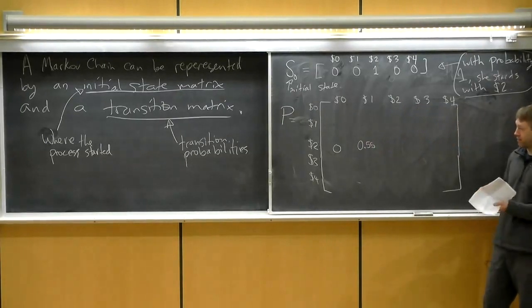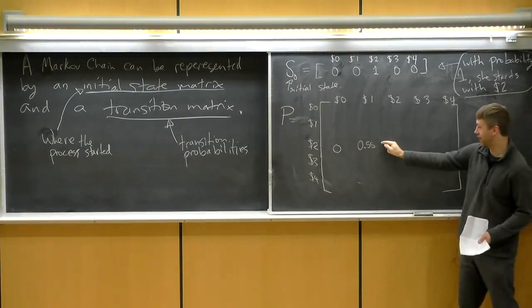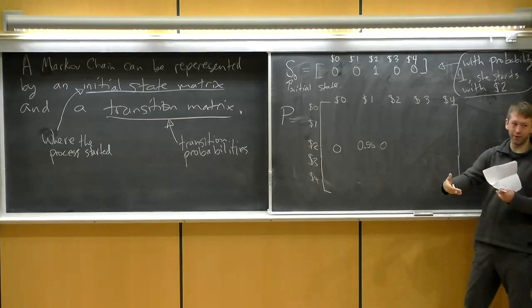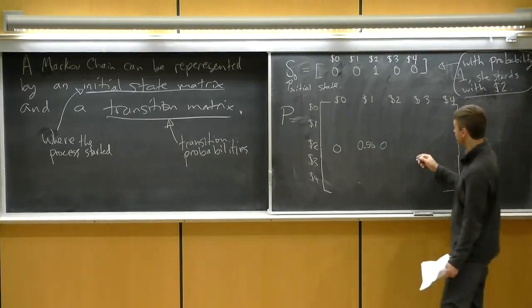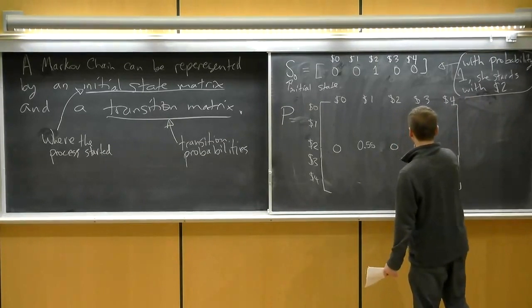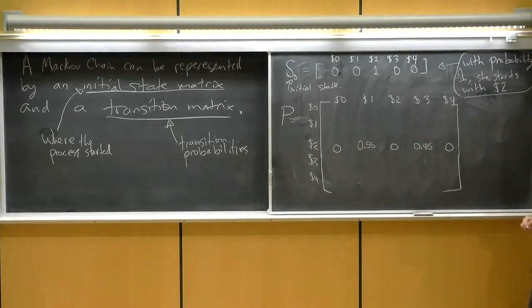If you play the game, the probability of going from $2 to $2 is actually 0, right? You can't stay the same. You either go up by $1 or down by $1. So that's 0. Here's 0.45 and 0.